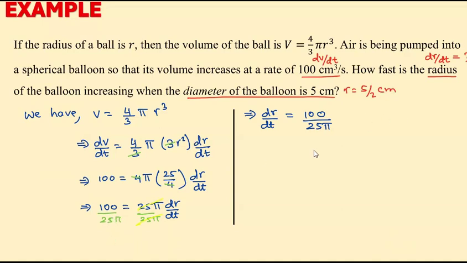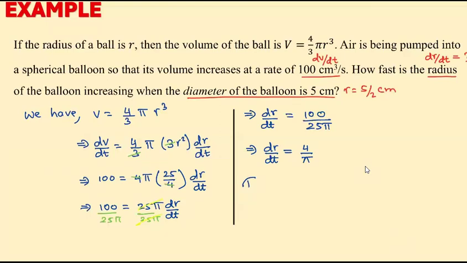And that can be simplified. dr over dt is equal to 100 divided by 25, which is 4 in the numerator and pi in the denominator. So that is the rate at which the radius is increasing. So we can say that the radius is increasing at the rate of 4 over pi centimeter per second.